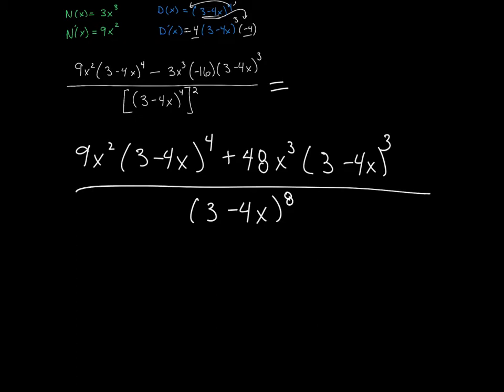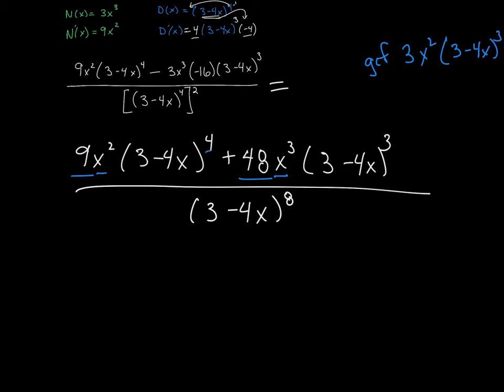Now, the same thing that I did in the previous video, I'm going to take my GCF. So my GCF between 9 and 48 will be a 3. x squared, because that's going to be the smaller of those two. And then 3 minus 4x to the 3rd power will be my GCF.